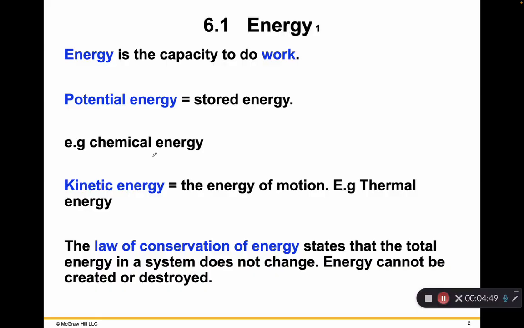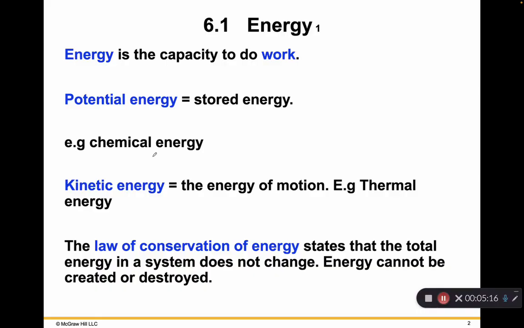You can transform potential energy into kinetic, and kinetic energy into potential energy. Energy can be transferred from one form to another, but energy cannot be created or destroyed. So that is the law of conservation of energy.